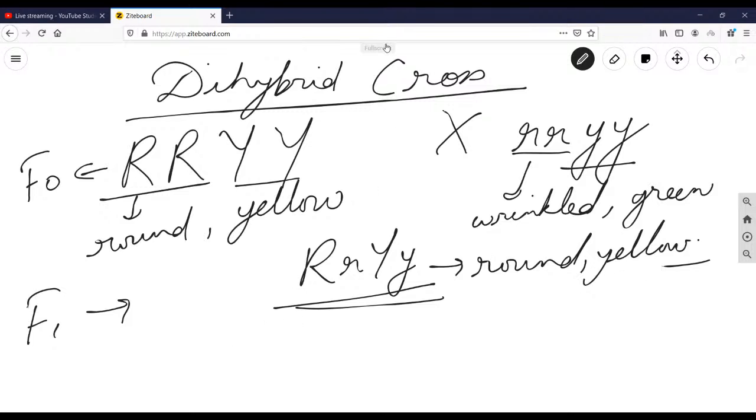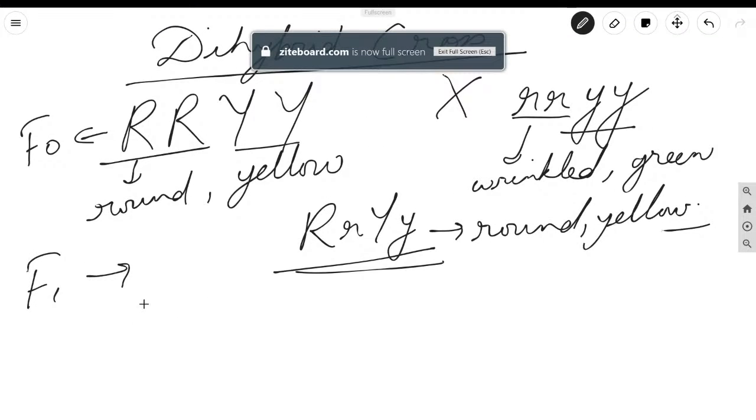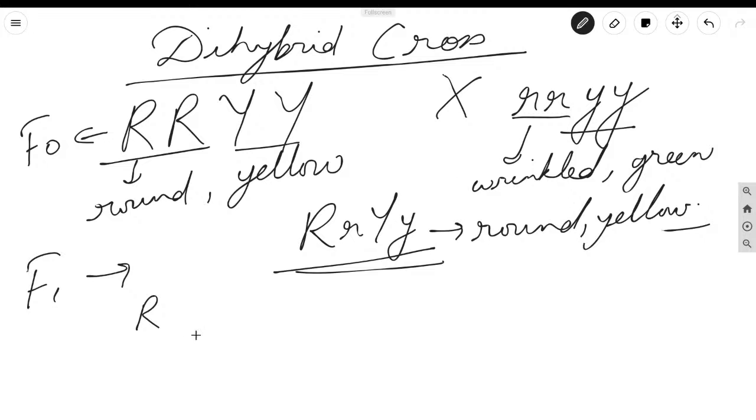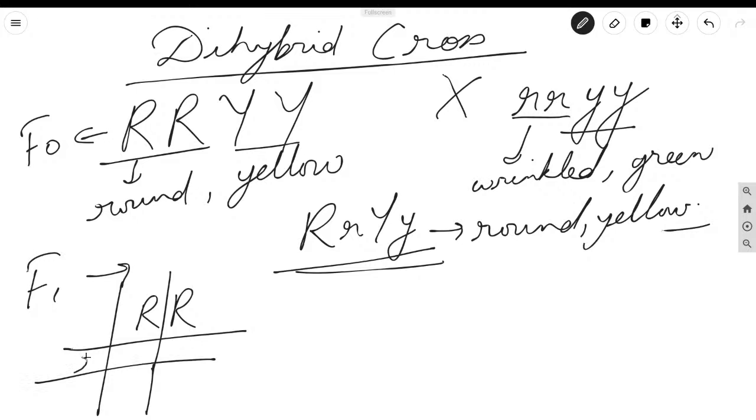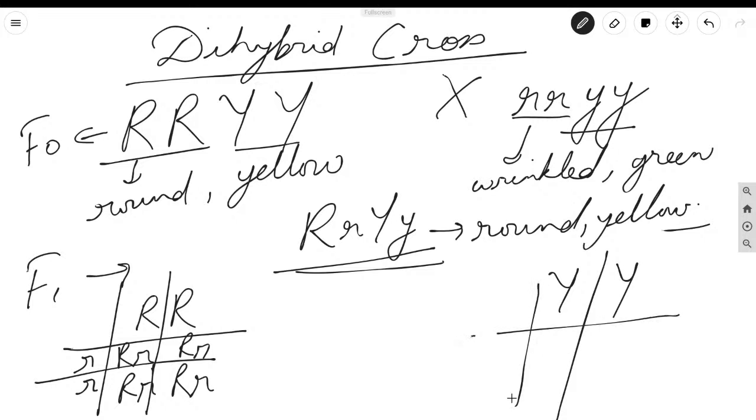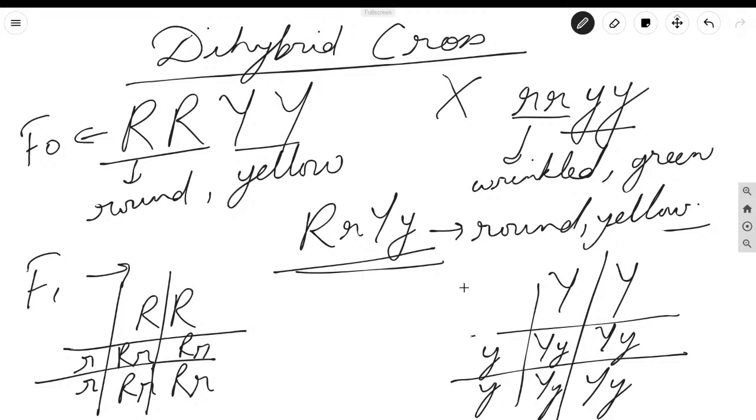So we can get it done in two ways. One is we can go for two monohybrid crosses, and what we are getting is this only. Or we can go for a direct dihybrid cross.